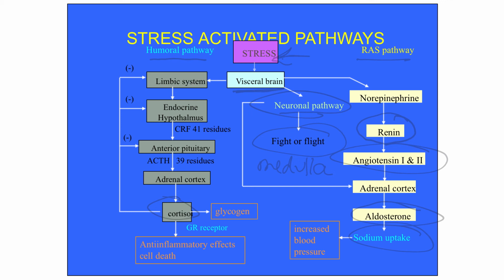That contains areas responsible for fear, for anxiety, and the limbic system has a signaling pathway whereby it can stimulate the hypothalamus and the anterior pituitary through these CRF and ACTH pathways, and stimulate the adrenal cortex to start producing cortisol, which, remember, the end result of that is liberating glucose stores, which are stored as glycogen.